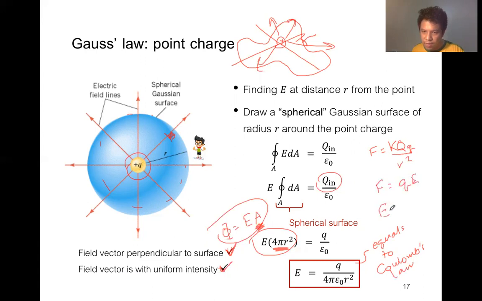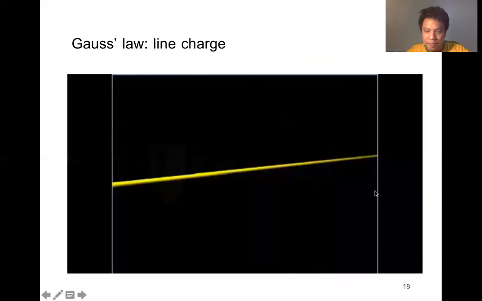So E will be KQ over r squared, and K is 1 over 4 pi epsilon 0. So we can show that Gauss's law can be used in place of Coulomb's law in some cases.